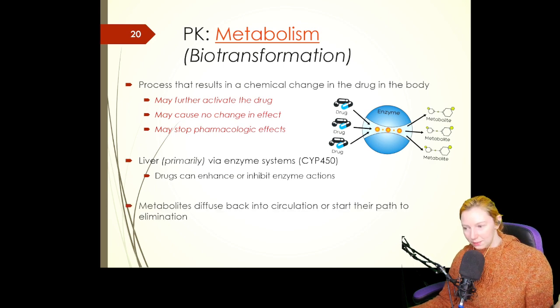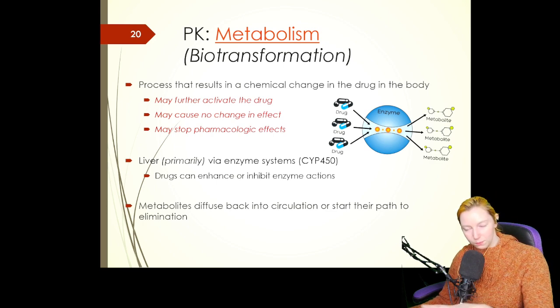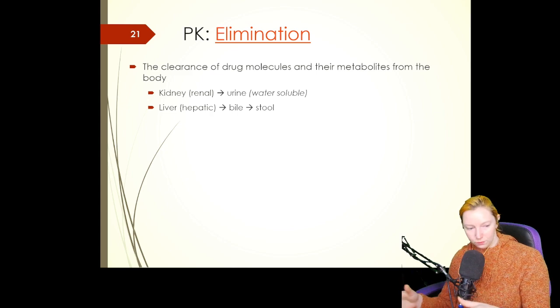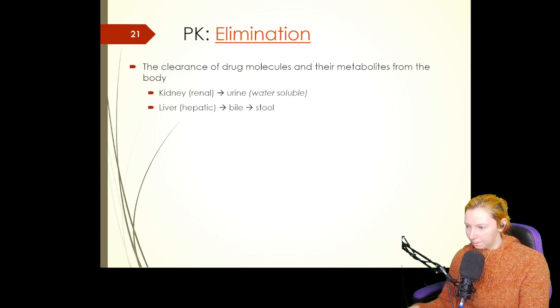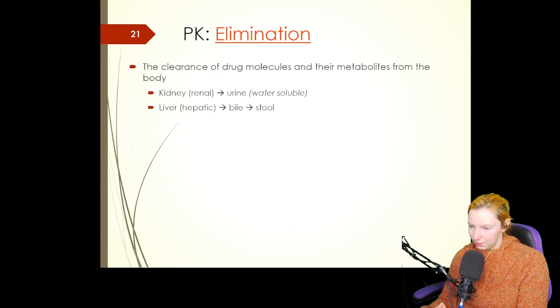The metabolites, as they get broken down, will diffuse back into the circulation, or they will start their movement into the elimination phase. So elimination is how drugs are cleared out of the body. So the active drug, the inactive drug, metabolites, whatever, all these things will be cleared from the body. The kidney is the biggest part here. So liver, metabolism; kidney, excretion or elimination, right?